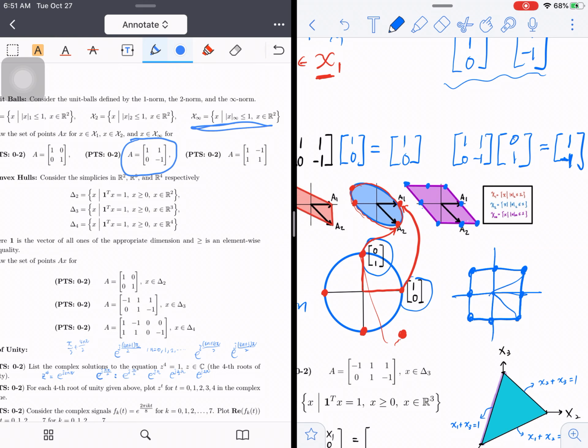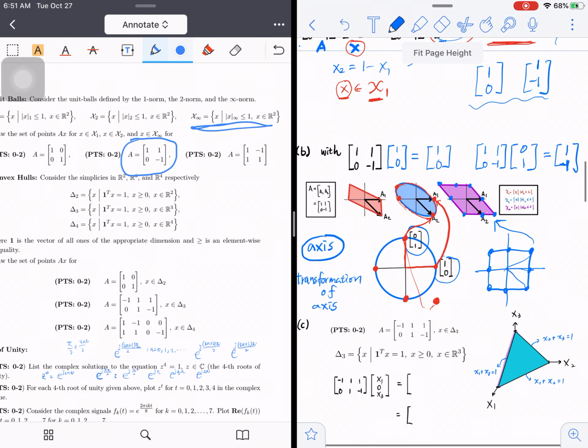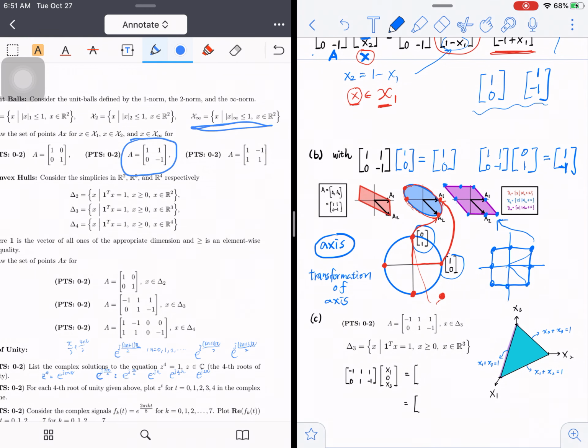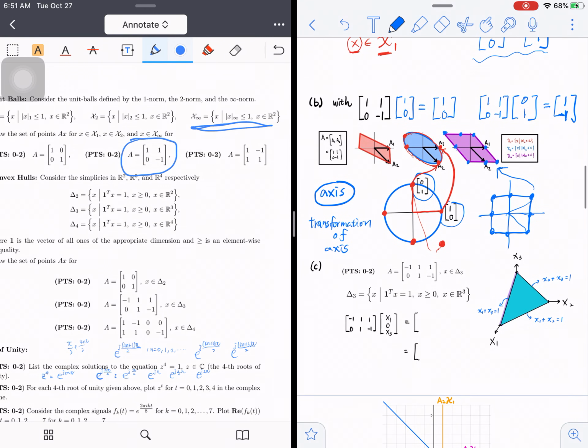So then you can obtain this graph. So this is the trick you utilize to do problem B. Okay, so this is the way to do problem B.